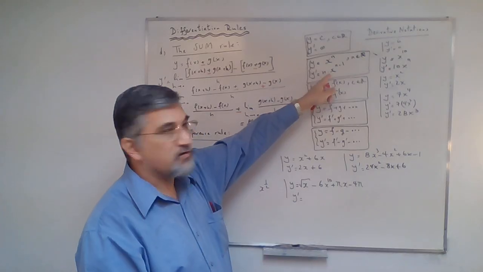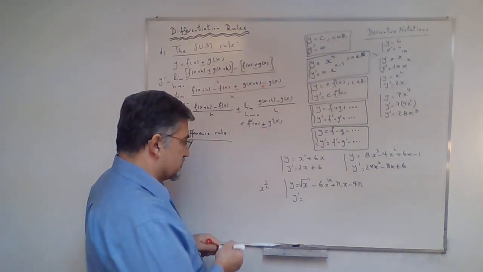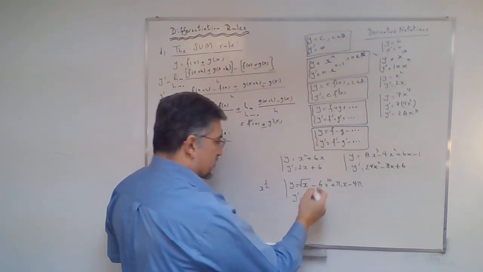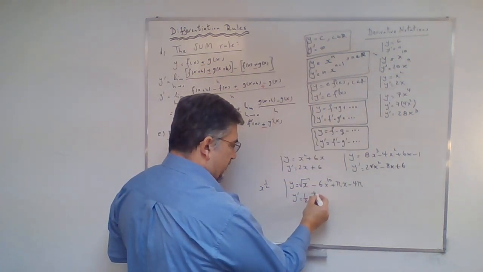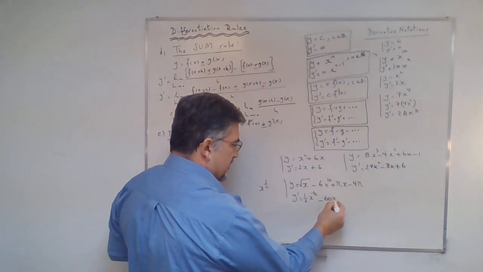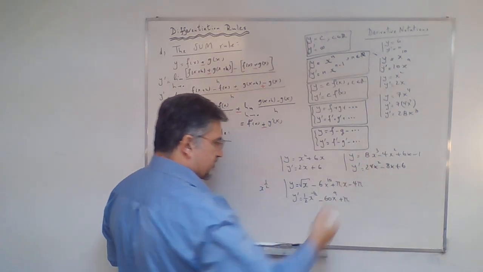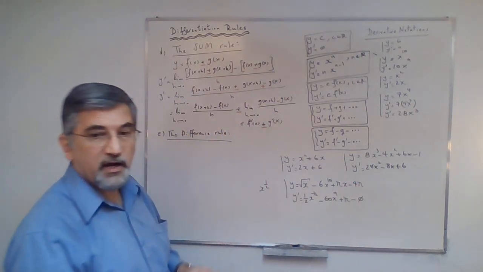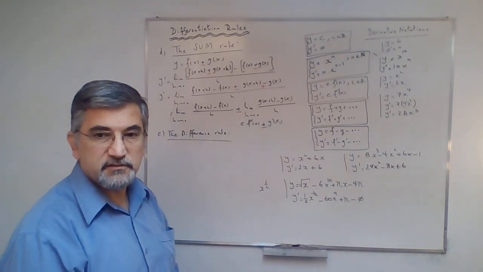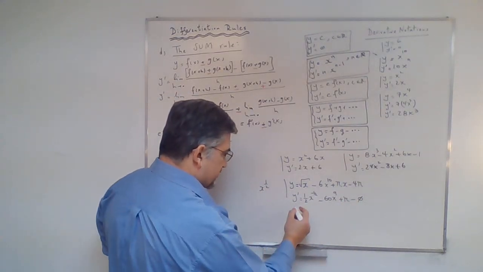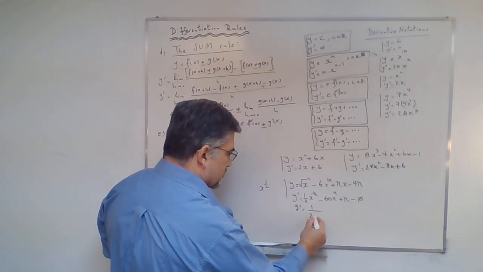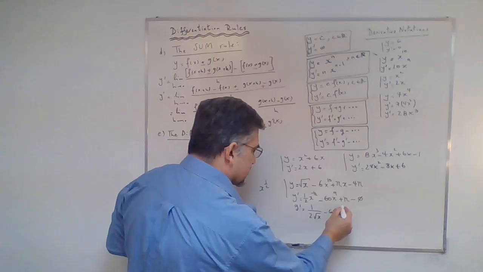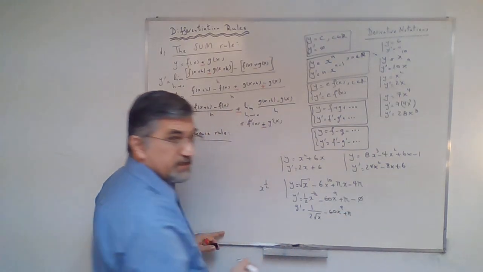So it's going to be 1/2 times x to the exponent of 1/2 minus 1, which is negative 1/2. And then we have minus 60x to the 9, plus pi, and then minus 0. This is minus 0 because 4 pi, at the end of the day, is a constant. If you simplify, the answer would be 1 over 2 square root of x, expressing the answer as a radical, minus 60x to the 9, plus pi, final answer.